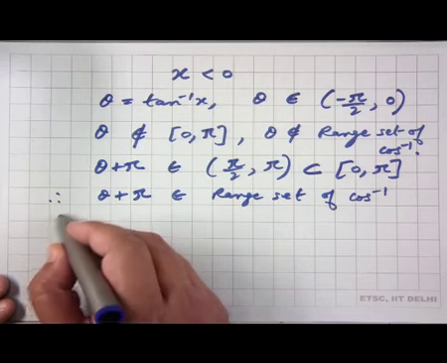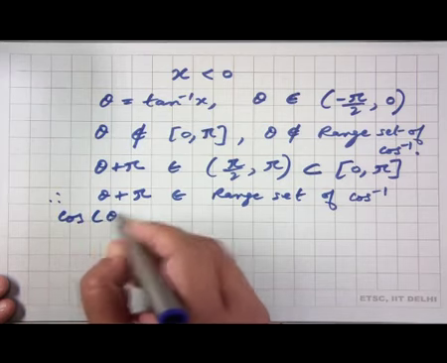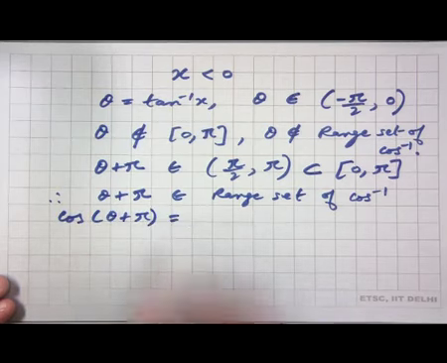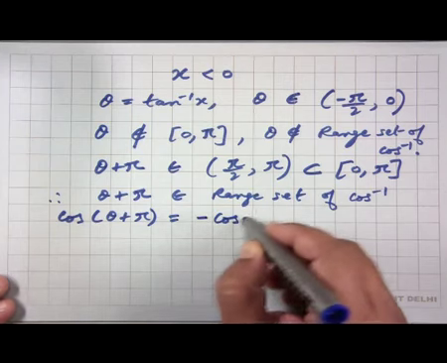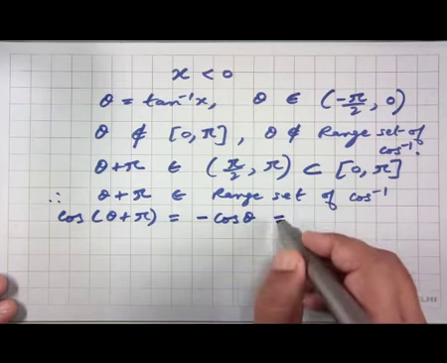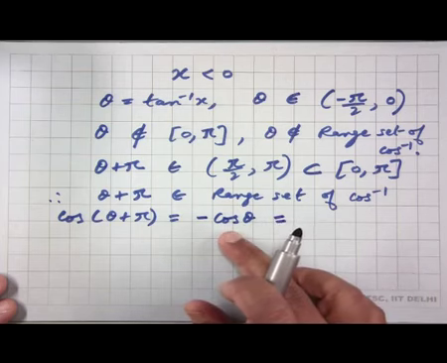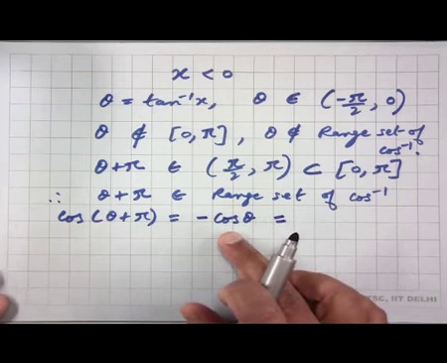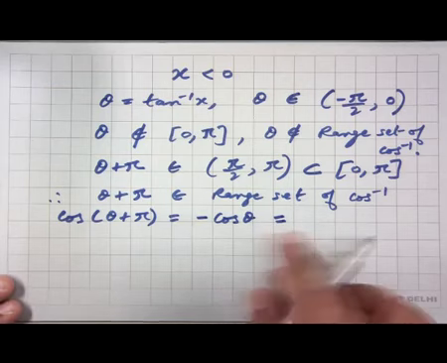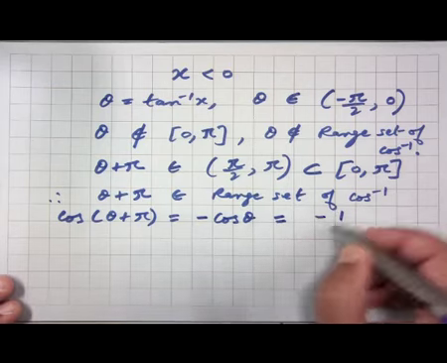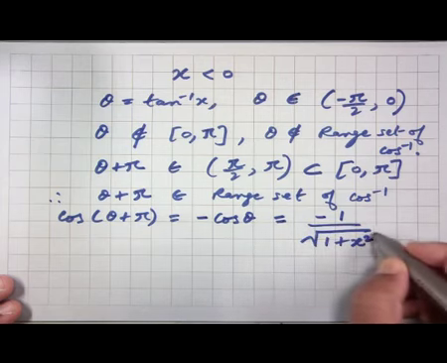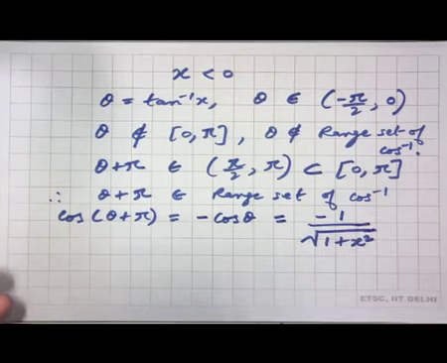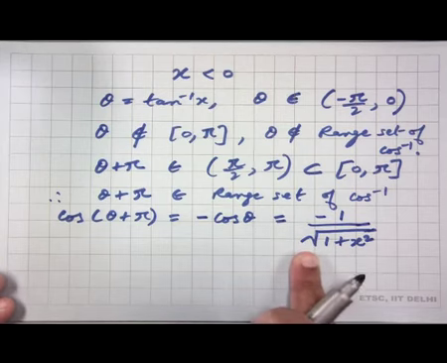Additionally, cos of theta plus pi is equal to minus cos of theta, but we know that cos theta is 1 over square root of 1 plus x square. So then this is equal to minus 1 over square root of 1 plus x square, where again this is the positive square root.